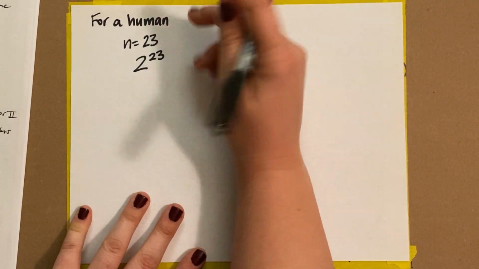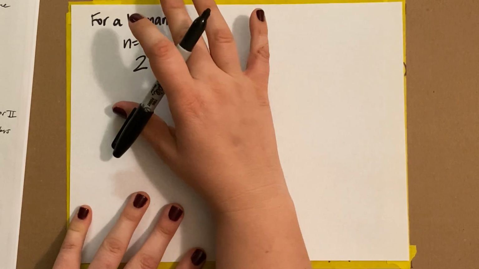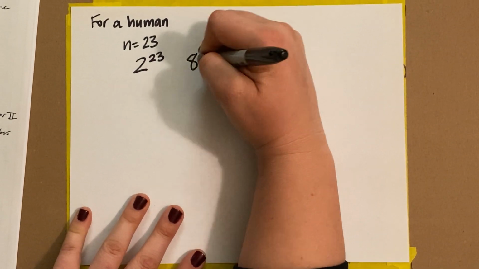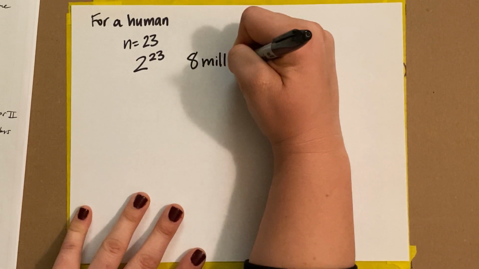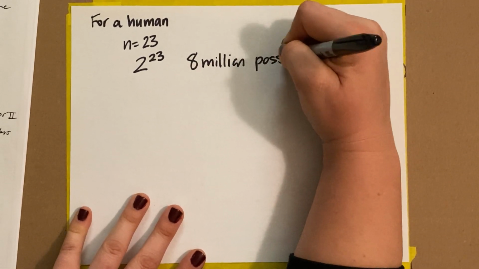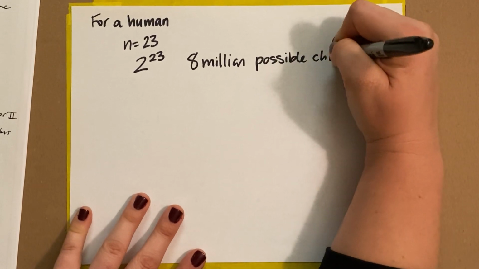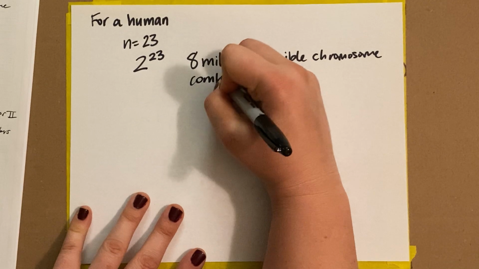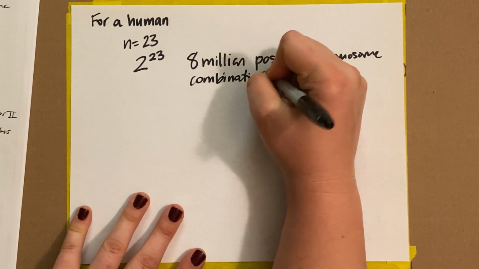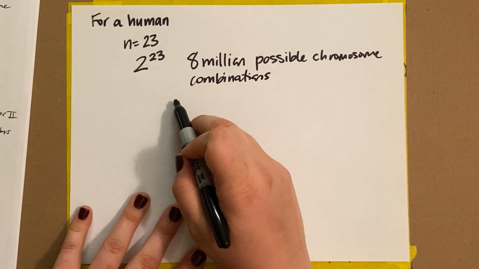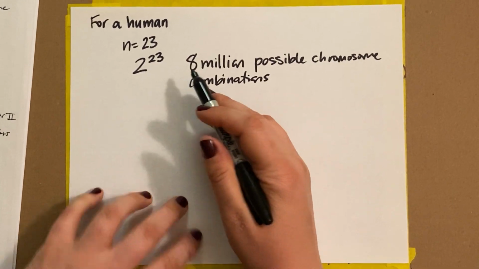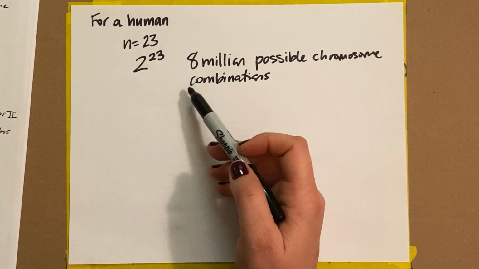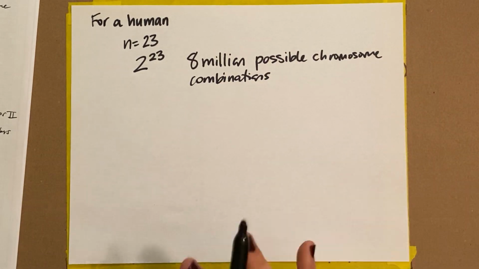Depending on how they line up in meiosis, you can potentially have 8 million possible chromosome combinations. So maybe for your first chromosome, one can go into one sperm and one can go into the other sperm, but then for chromosome 2, you can have all these different variations.